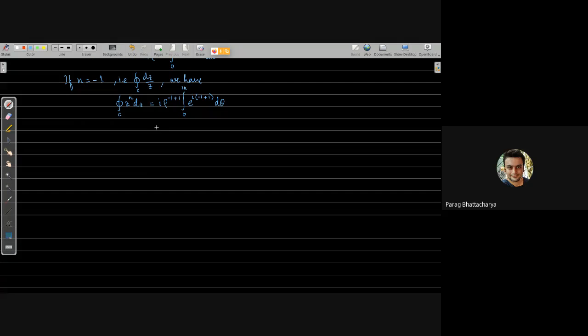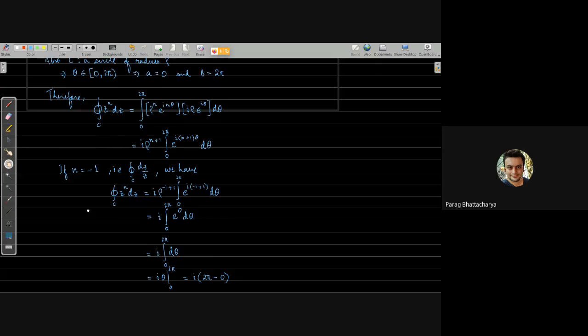Okay, so this is rho to the power 0, which is equal to 1. So i integration from 0 to twice pi e to the power 0 into d theta.